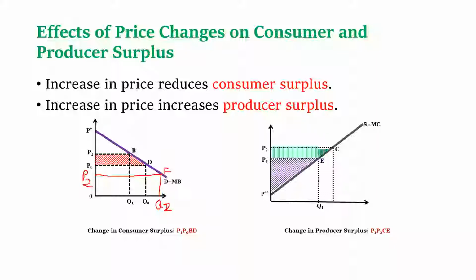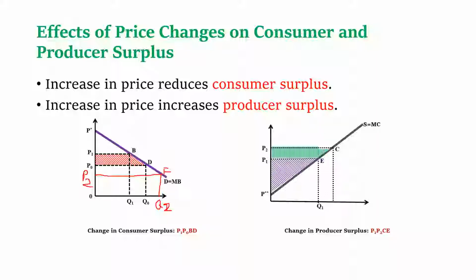Now, if the price were to increase to P2, the producer, or the seller, is going to experience a gain. He's going to sell more because of the rise in price. So the producer surplus is going to increase.